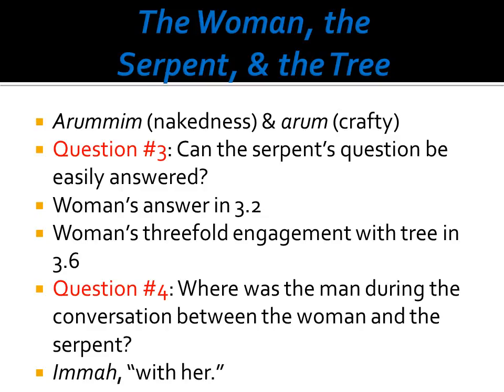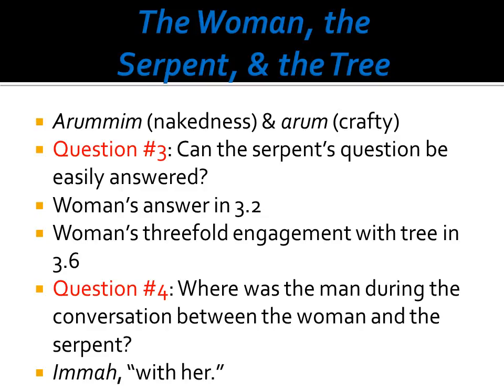The problem with how you understand this word is that it can be understood in two very different ways. On the one hand, you can understand it as: the woman also gave some to her husband who was with her, that is, who had been with her this whole time, and as such could have stopped the woman from eating the fruit if he so desired.